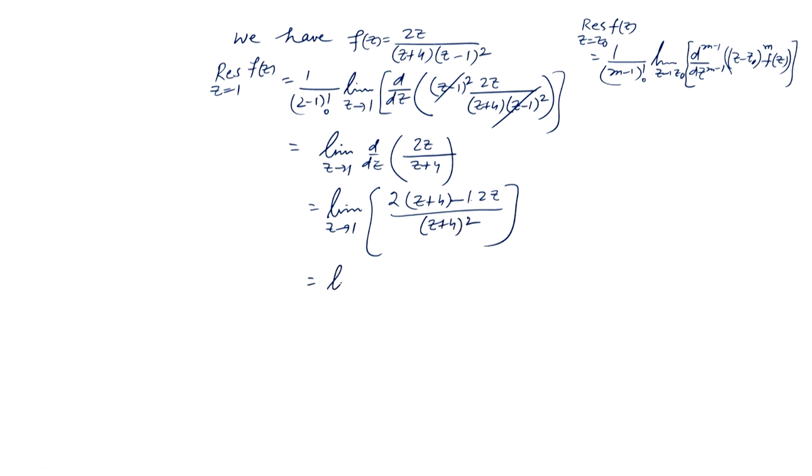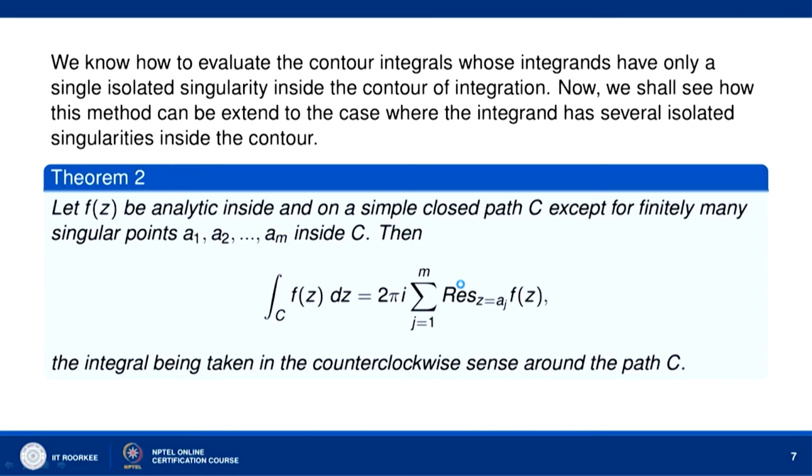So, limit z tends to 1, and the 2z will cancel, we have 8 divided by (z plus 4) whole square. So, 8 by 25. This is how we get the residue in the case of a pole of order m, where m is greater than 1.